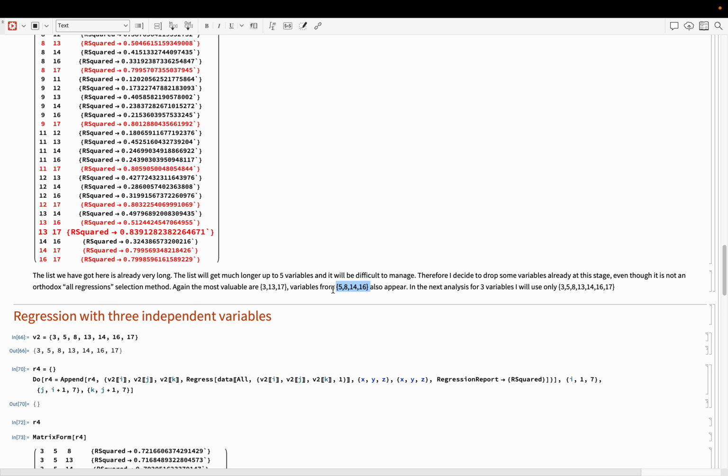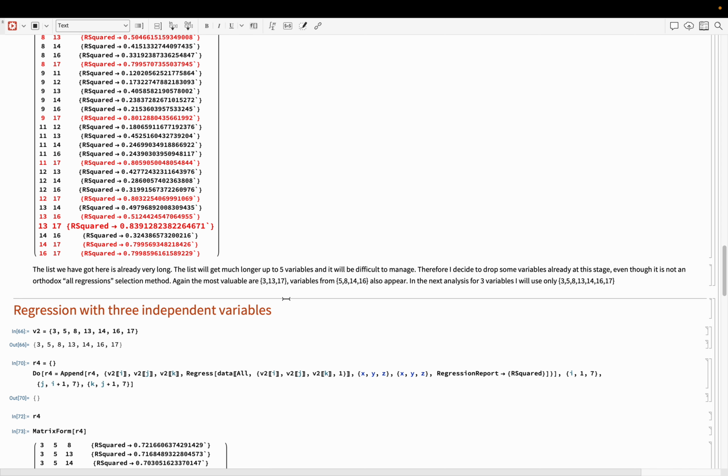Those other 5, 8, 14, 16 do not appear alone, but always accompanied by at least one of those. But what I'm going to check is whether using one of them will really help in predicting based on 3, 13 and 17. So this is what I suppose will be happening.